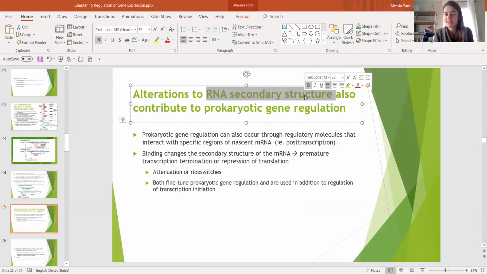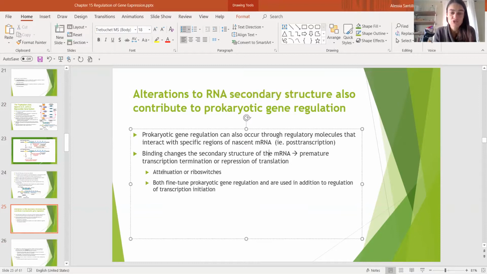We know that RNA is single-stranded, but single-stranded RNA can form complementary regions within itself, right? It can base pair within itself and form little loops or stem-like structures that we also call hairpins, okay? Even these hairpins or secondary structures found in the RNA can give an added component of regulation to our prokaryotic genome.